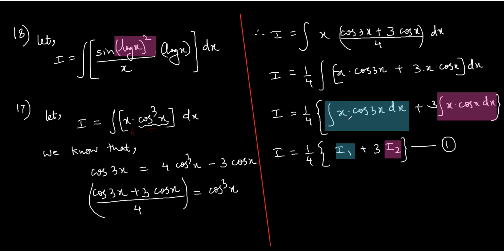So I will take I1, solve it, take I2, solve it. For I1, I will add the constant of integration as C1. For I2, I will add the constant of integration as C2. And then I will substitute here. And for C1, C2, later, after multiplying the constants, I will write it as C. We have done enough problems of this type, so you can definitely solve this. Okay, I've given you enough hint for this.